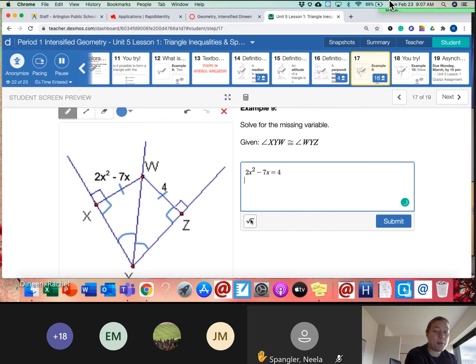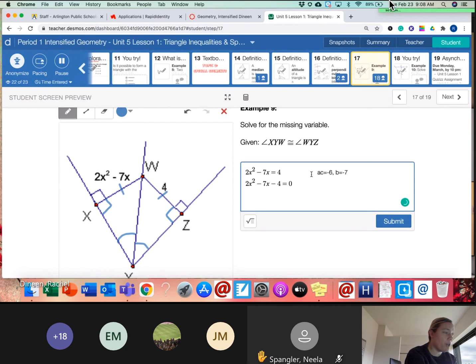Think way back to unit 1. We are going to have to factor. So I'm going to subtract 4 from both sides, and we are going to factor. As a recap for factoring, you multiply the first times the last. So a times c is -8, and b is -7.